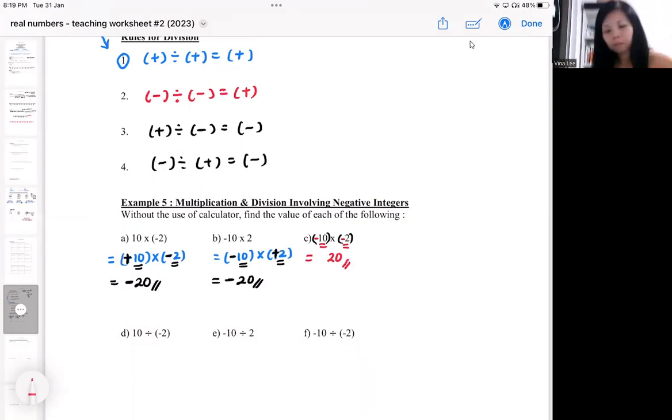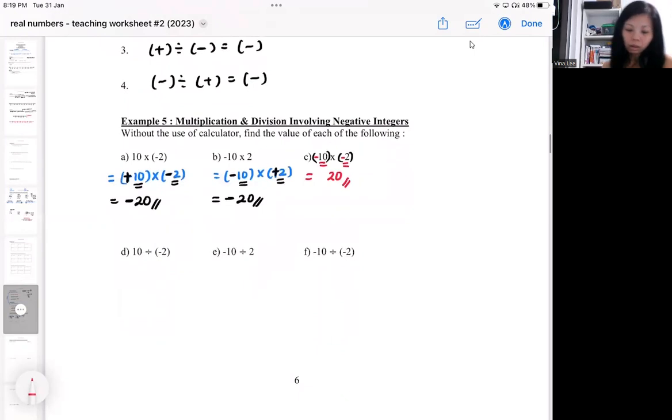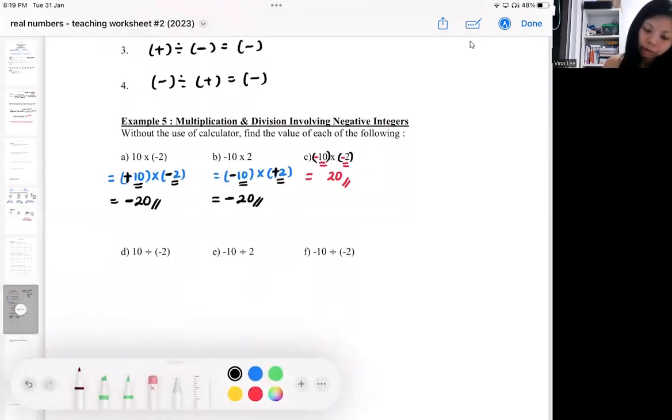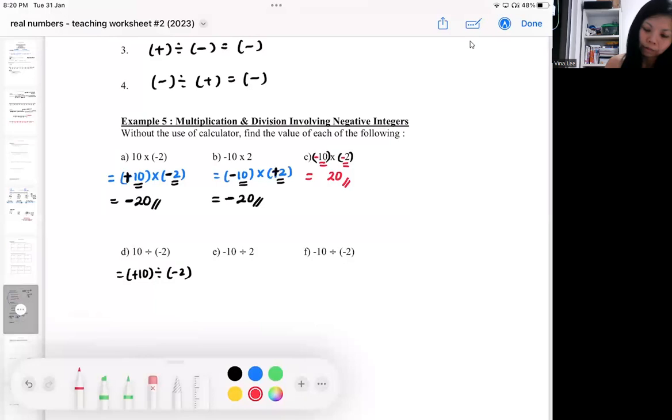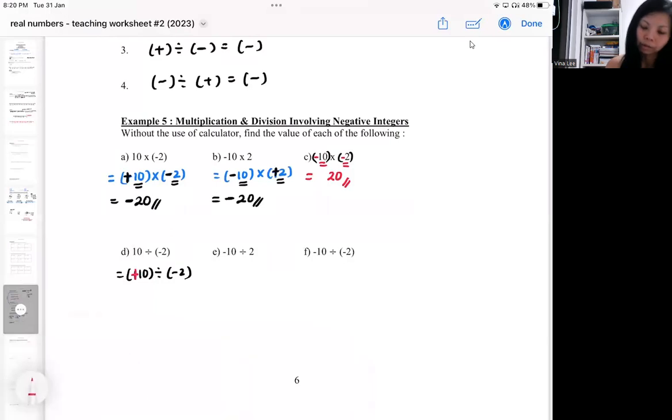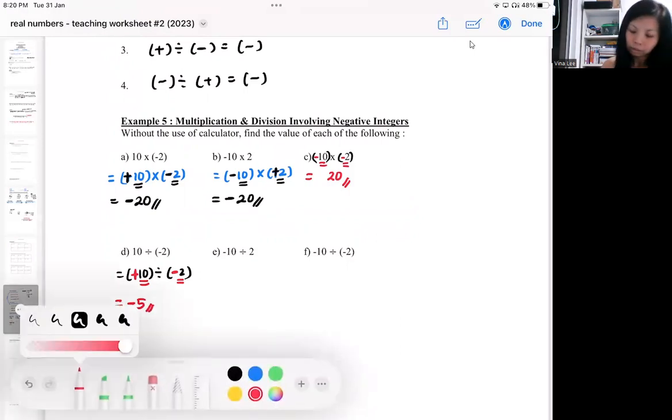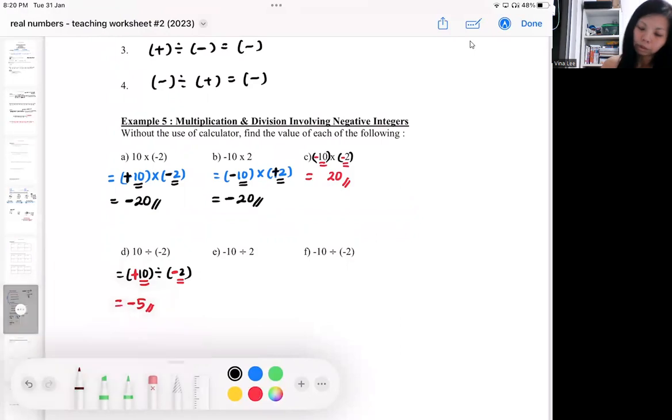It's the same for division. When we do division, there is an invisible sign. So the positive and negative will become negative. 10 divided by 2, I'm sure you can do that mentally. That will be a 5. Basically we just keep repeating the rule.